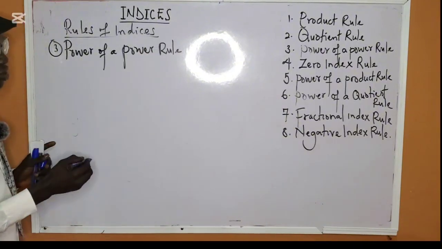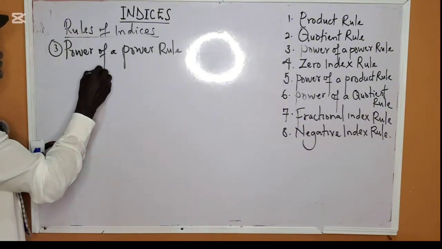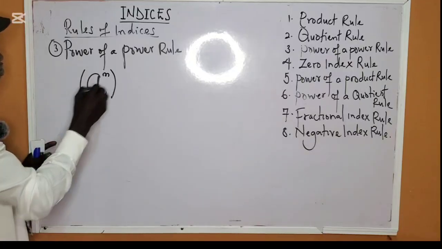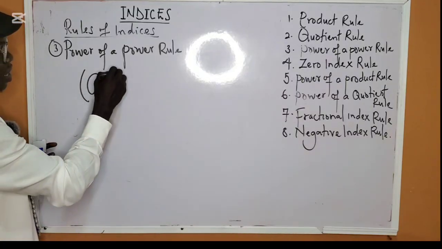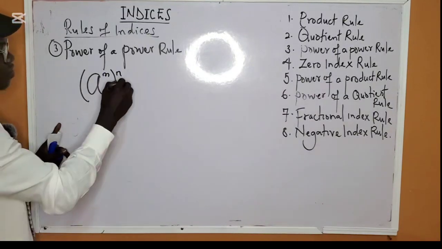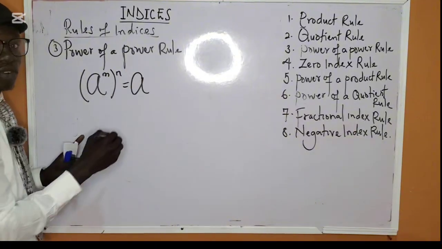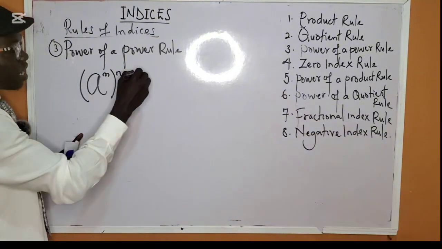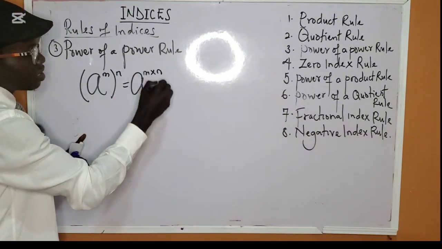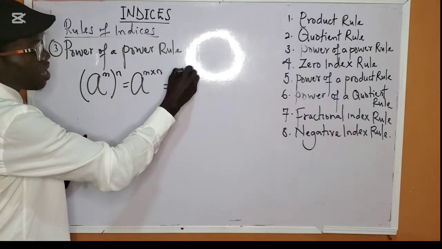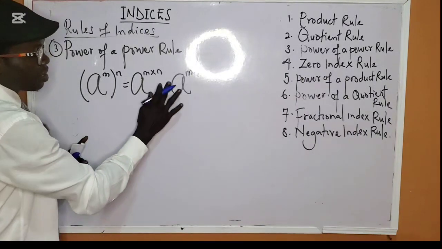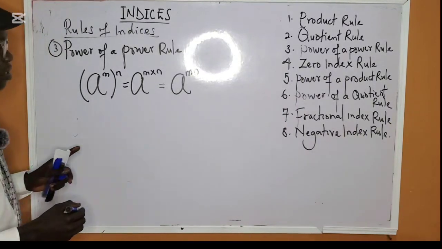If you have a raised to the power of m, all in brackets of n, that will give us a raised to the power of, we multiply the powers, m times n, that's a raised to the power of mn, right?